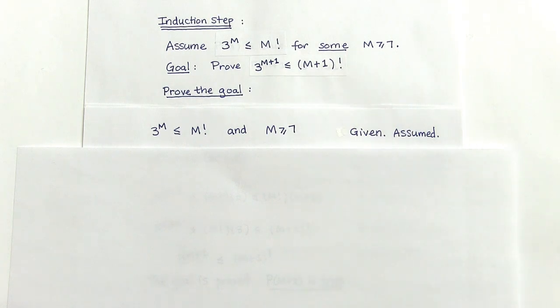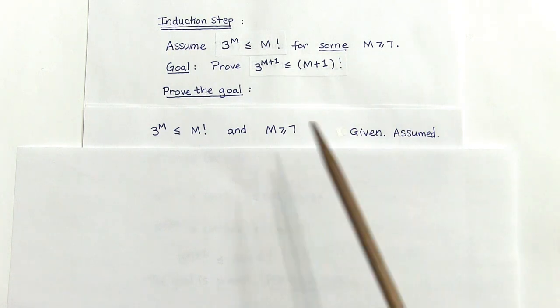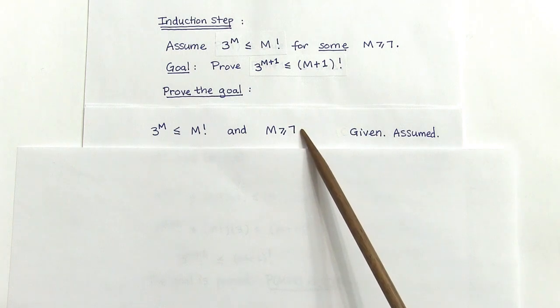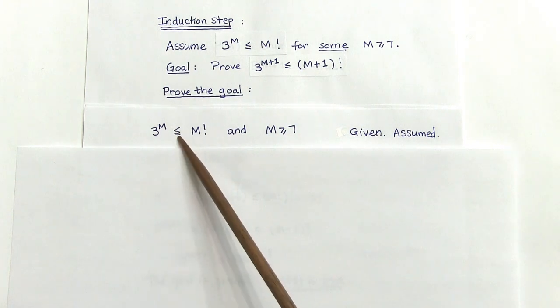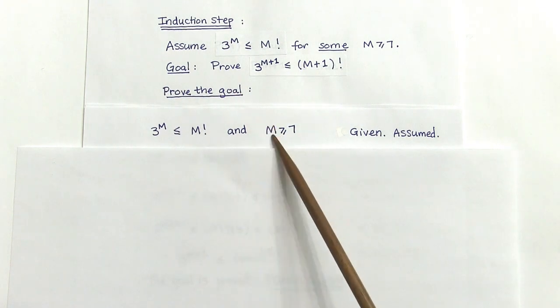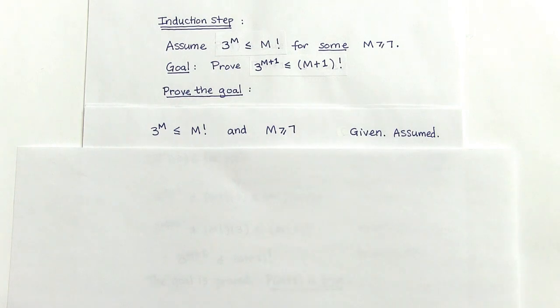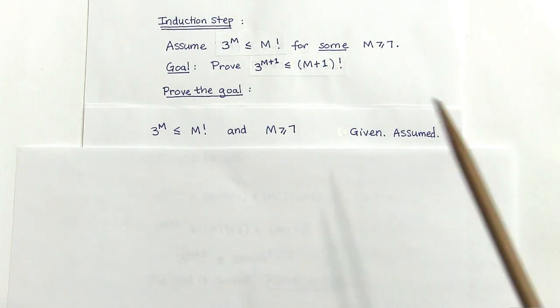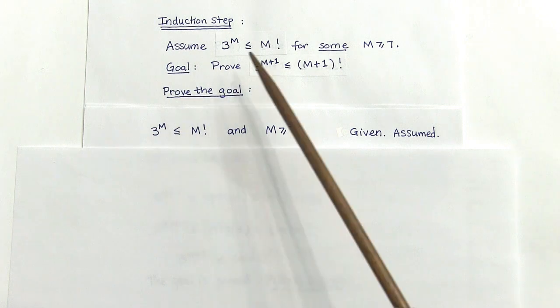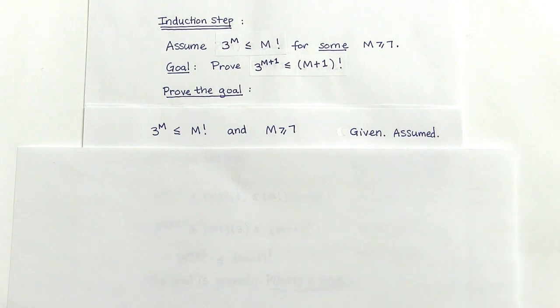So how do we prove our goal? We start out with what we assume. We're assuming that this is true for some m bigger than or equal to 7. Now, how do I get from here to here?